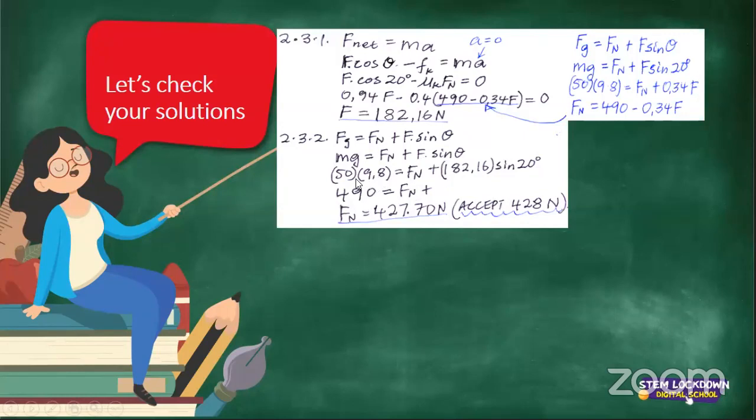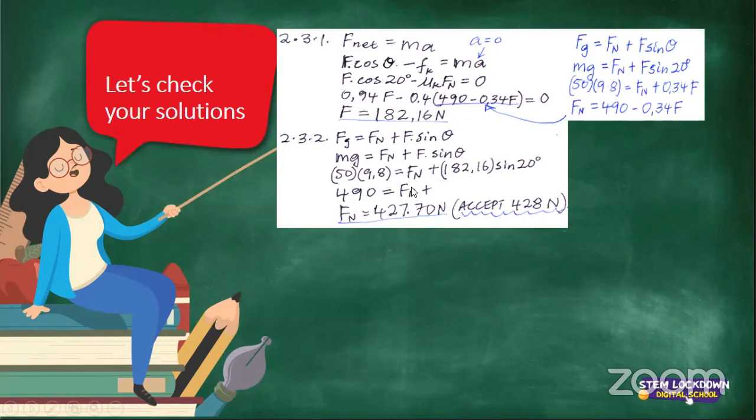So M will be 50, and G will be 9.8, and this is our Fn, and we have just calculated our F to be 182,16, which is this one. We substitute it, and sine theta will be sine 20 degrees. Then we can be in a position to calculate Fn, and your answer should be 427,70.